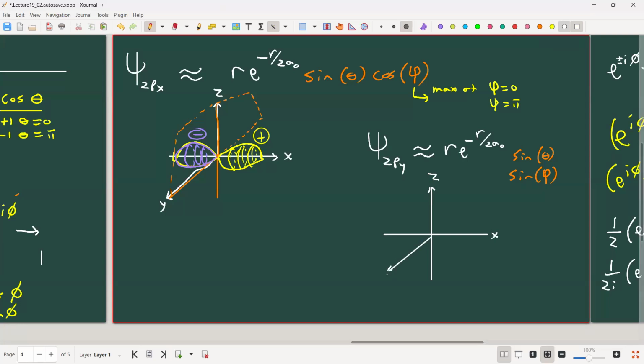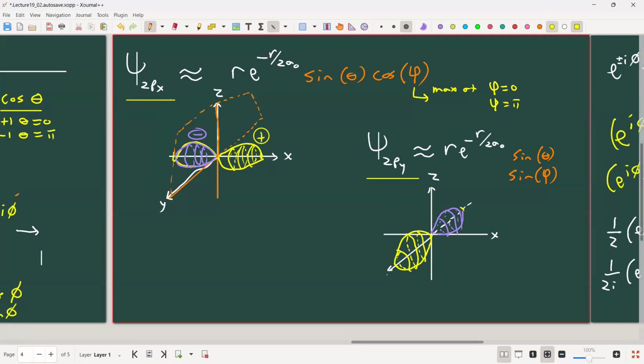And so this function lies only along the y-axis, here and here. It's negative for negative y. So 2py.